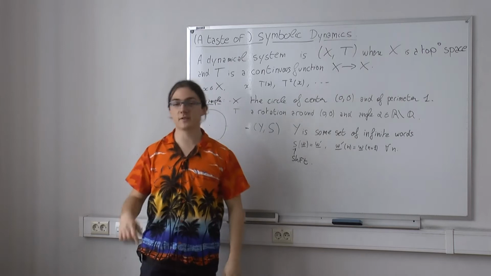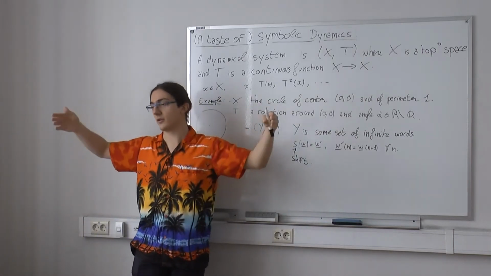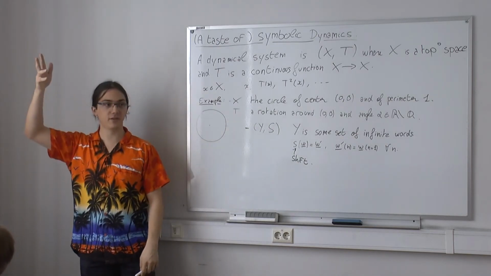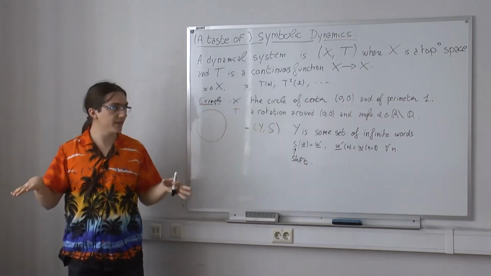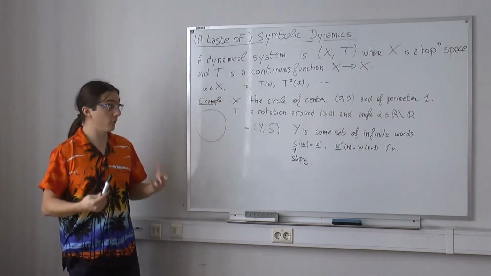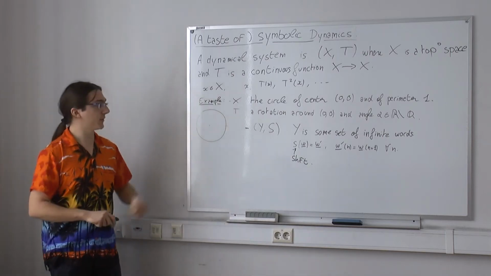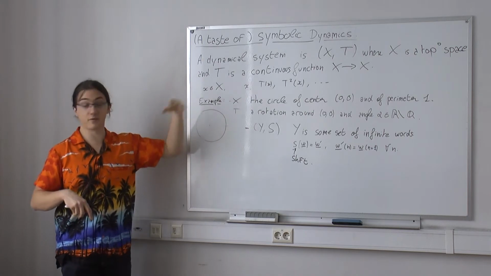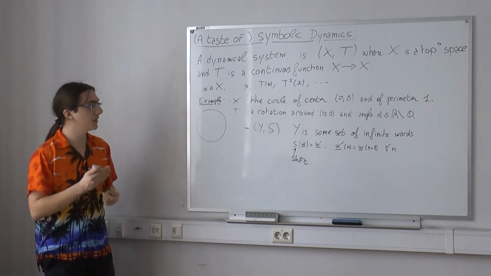You remember last time I told you, if you have sequences of finite words that grow longer and longer and that are prefixes of each other, then somehow this converges to an infinite word. And I told you, for now, we'll just do it like this, but there is a way to give a formal meaning to this limit, to take the limit of a sequence of words. So here we're going to do it for infinite words. If we have a sequence of infinite words, the topology will give a meaning to the limit of such a sequence.